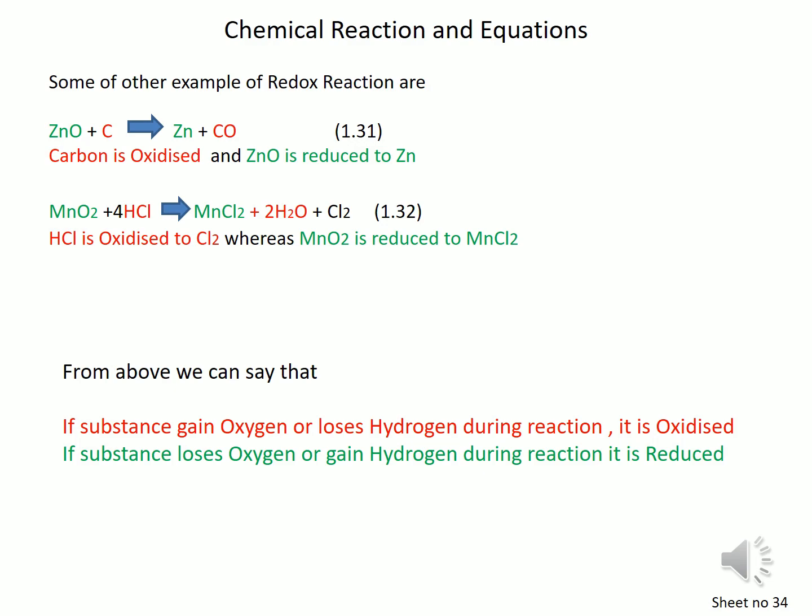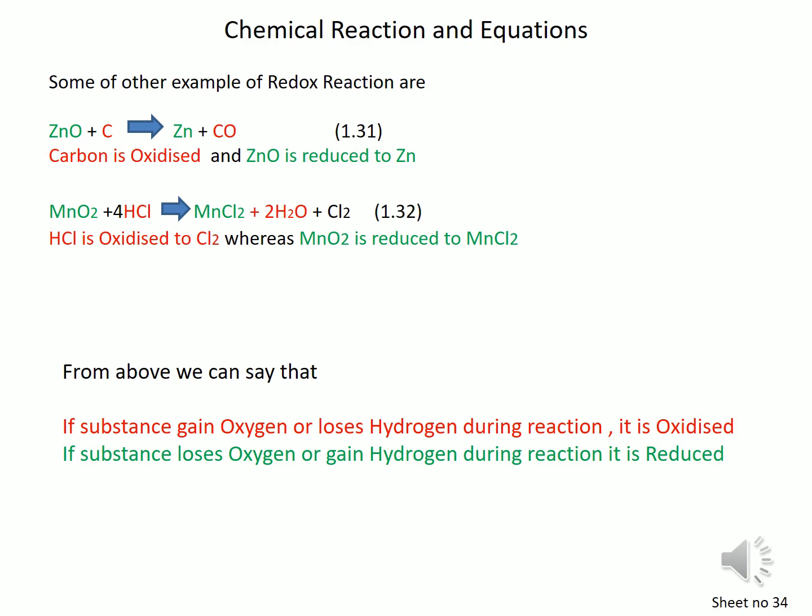Since it is gaining oxygen, it is oxidized. Whereas MnO2, in green color, is losing oxygen and forming MnCl2. Since it is losing oxygen, it is getting reduced. So in the same reaction, oxidation is taking place and reduction is also taking place.